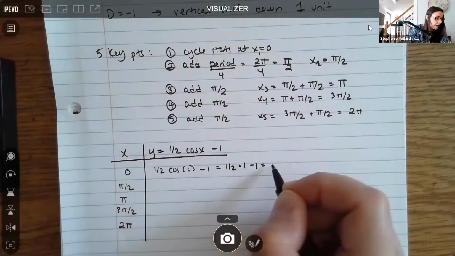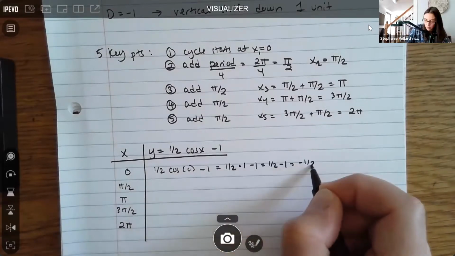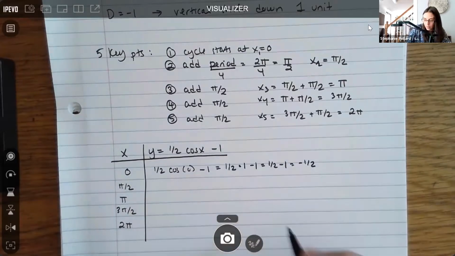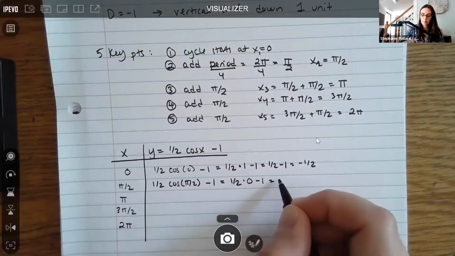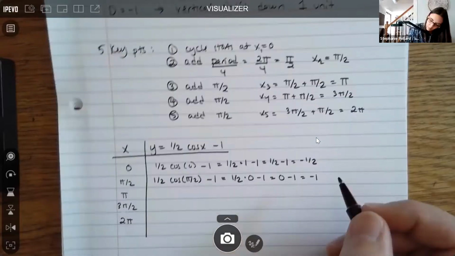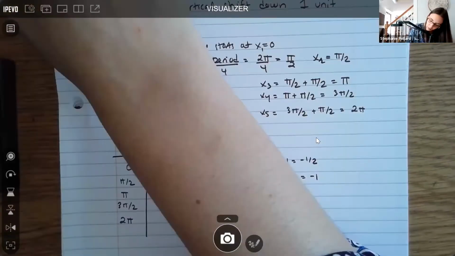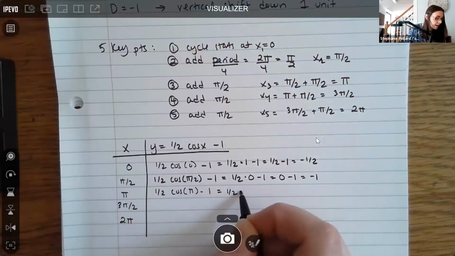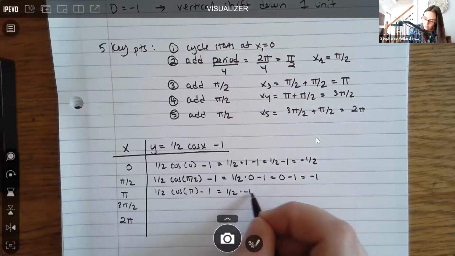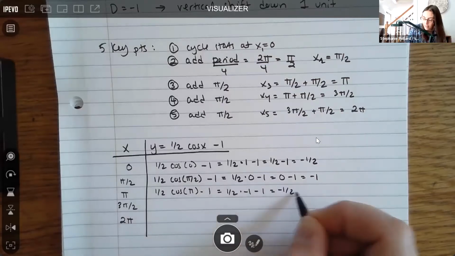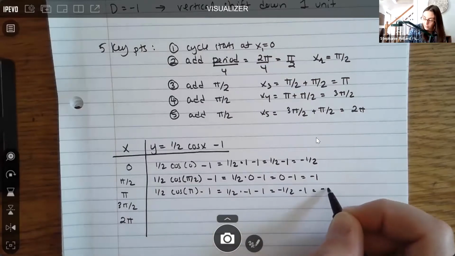Well, cosine of pi over 2 is 0. 1/2 times 0 is 0, and 0 minus 1 is -1. Then one-half, and cosine of pi is -1. So 1/2 times -1 is -1/2, minus 1 is going to be -3/2 or -1.5, however you want to think of it.